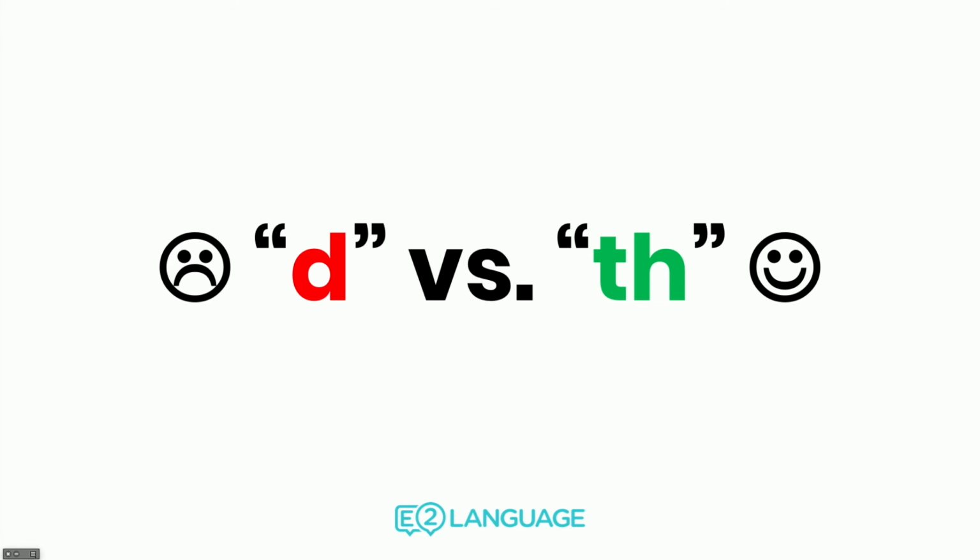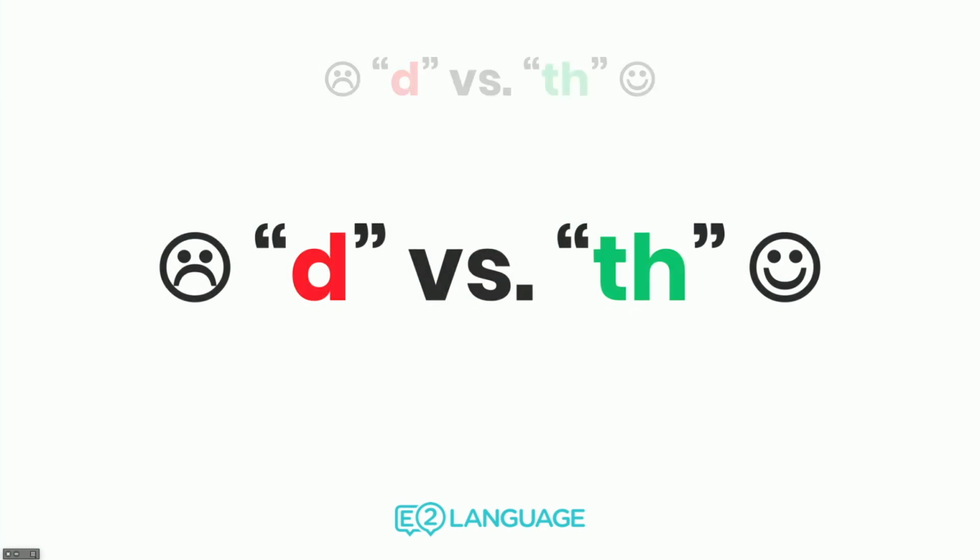Let's look at the difference between d and th. So d is unaspirated, d, d, d, and the tongue is curled up. What we want to do is aspirate it, th, th, th. You want to feel the air on the back of your hand there. And your tongue needs to unroll and hit the back of your teeth.